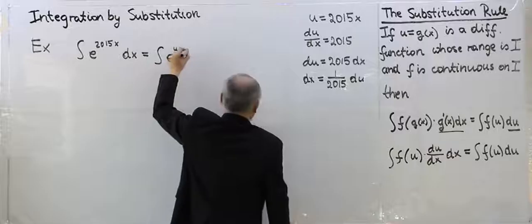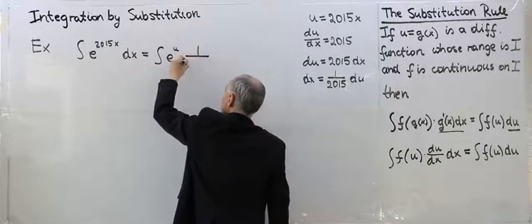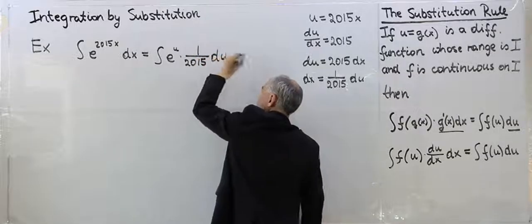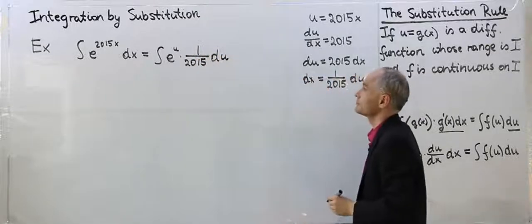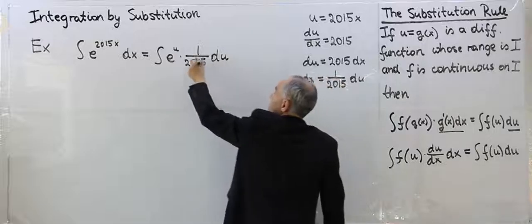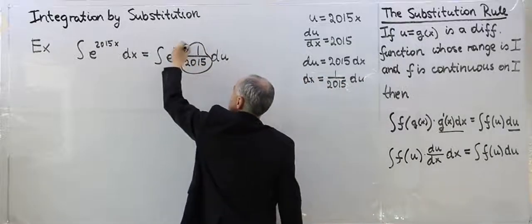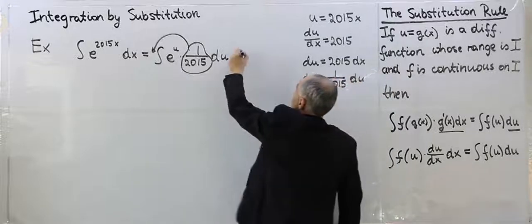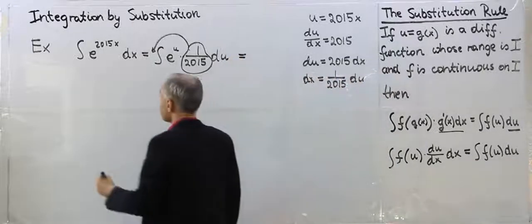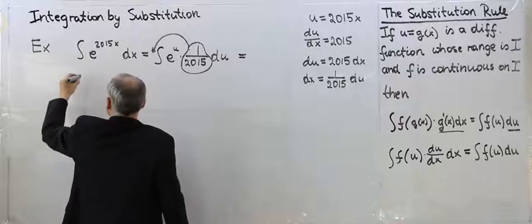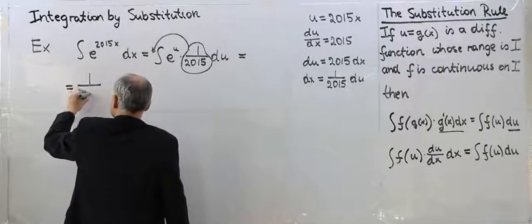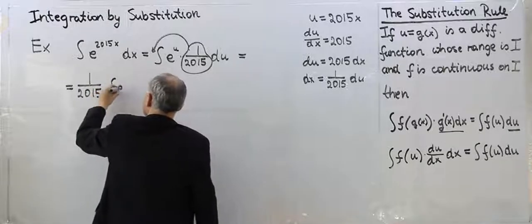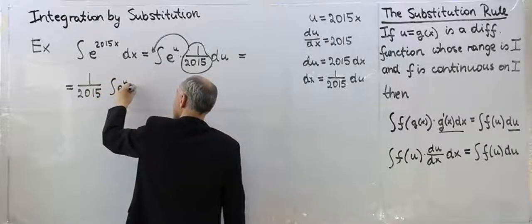So then I get e to the u times 1 over 2015 du. Okay, 1 over 2015 is a constant, so I can take this outside of the integration, and then I get 1 over 2015 times the integral of e to the u du.